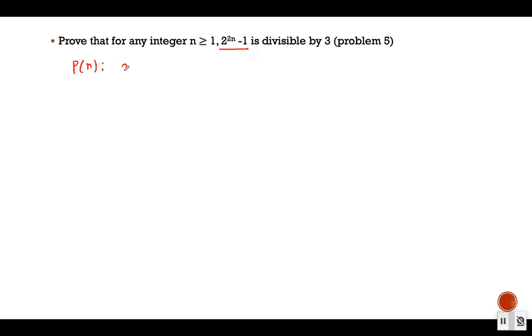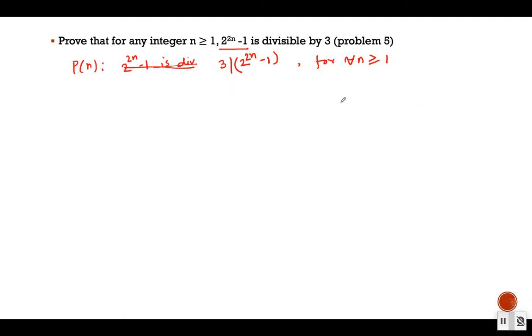We have to prove that 3 divides 2 to the power 2n minus 1, for all n greater than or equal to 1.